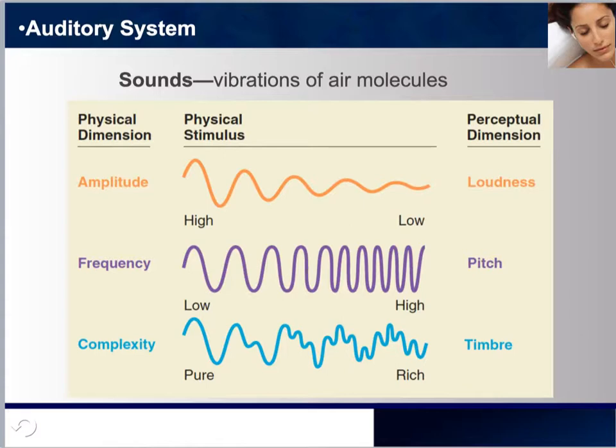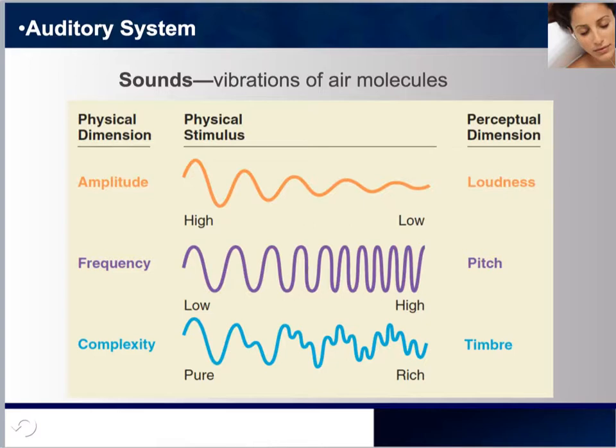And this is the character or quality of a musical sound or voice that is distinct from its frequency and amplitude. So when we look at the timbre, we're talking about a pure sound, which would be a little bit more along the lines of steady, versus a rich sound, which would be a lot more complex in the way the sound would be perceived.